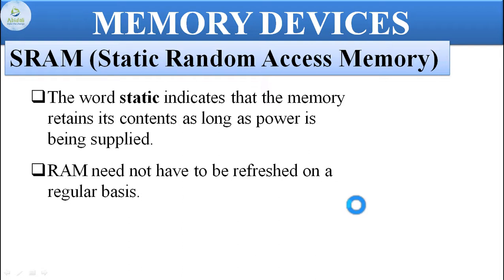In the RAM, the word static indicates that the contents in the memory are retained as long as the power supply has been given. So the RAM need not be refreshed periodically or on a regular basis. As long as the power supply is on, the information is retained.